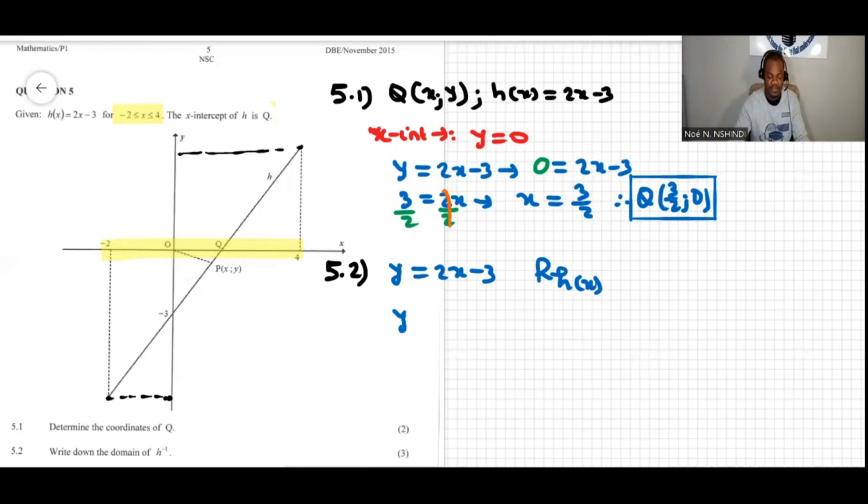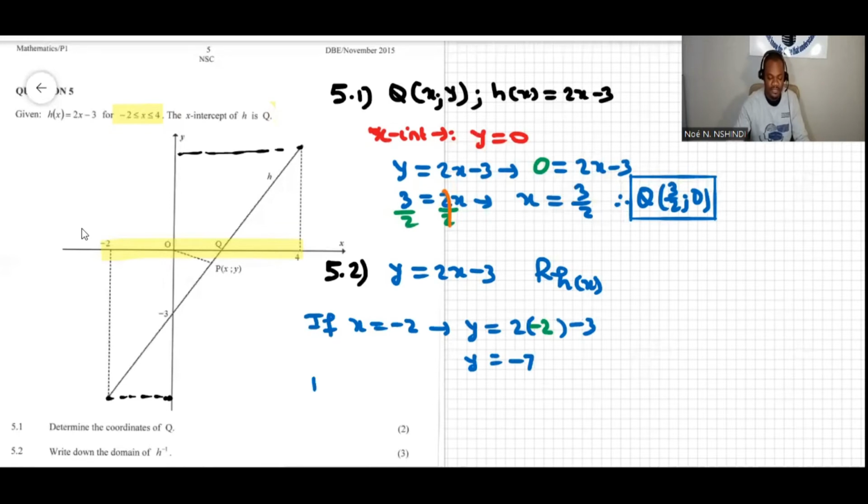Let's take the lower bound: if x is equal to -2, y is 2x minus 3, which will be -7.